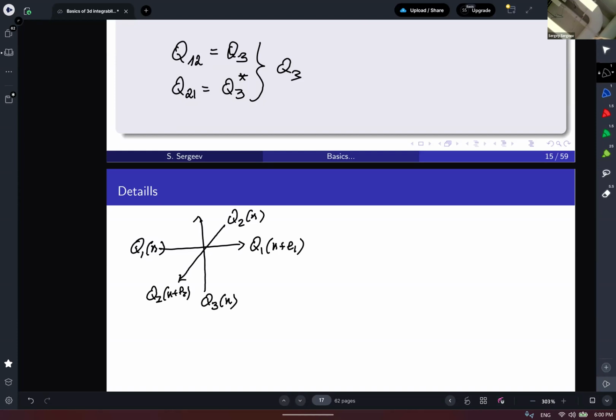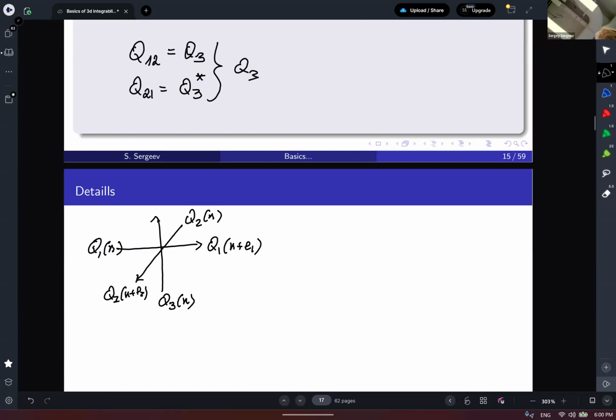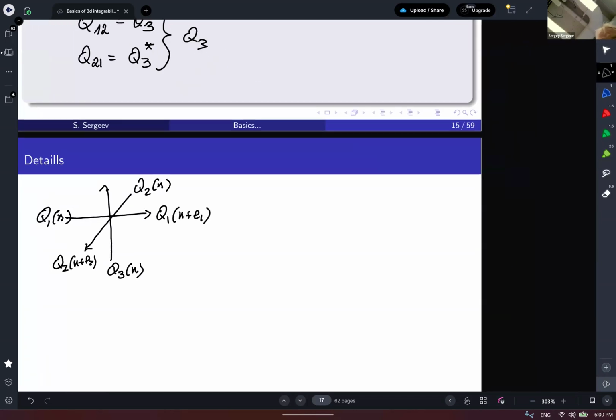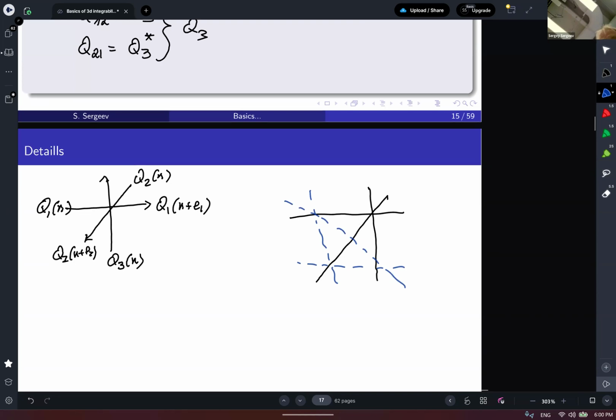Well, the picture is the same as before, and the auxiliary plane also in the same way as before. I will draw a section of the cubic lattice by the auxiliary plane, like this. But now look at the structure of the auxiliary linear problem.